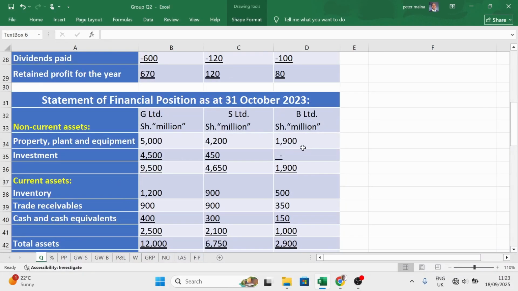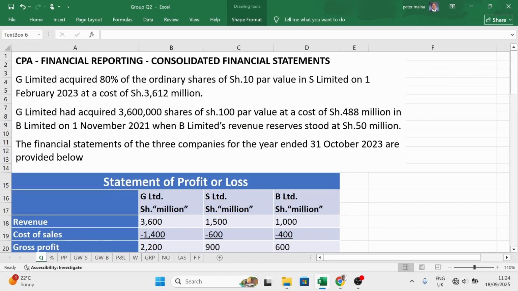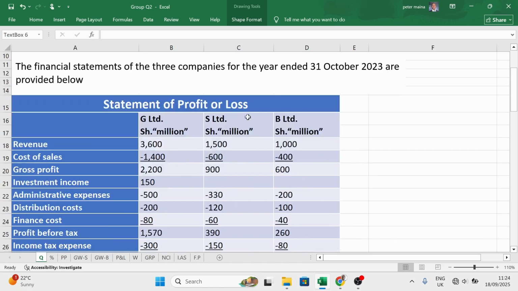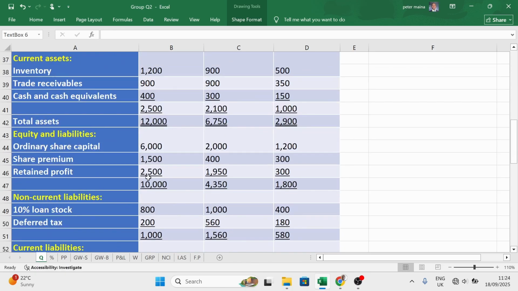So if you go up, the amounts are shown in millions of shillings, which means this is 1200 million shillings or 1.2 billion shillings. So we take this figure, the 1.2 billion, we divide by the value of one share, the par value. That will give us the total number of shares that B Limited has.